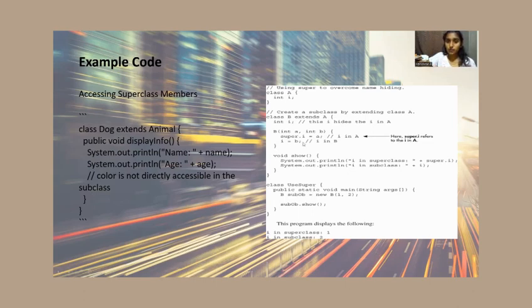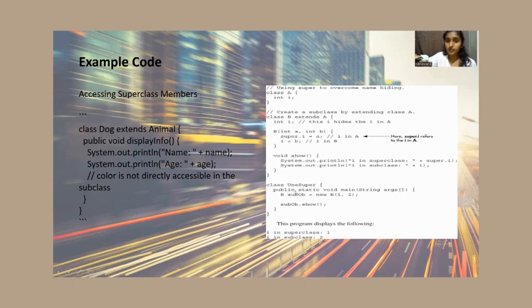Then i equals to B, the i in B, like the one here in class B. The i equals to B represents the class B. Void show, System.out.println. This is a print statement which is going to print in the output part. i in superclass and i in subclass.